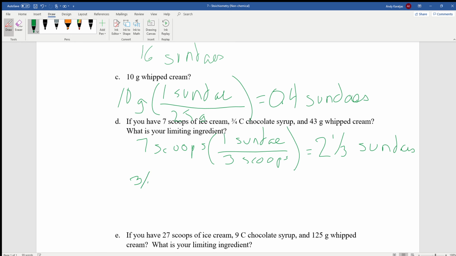With the chocolate syrup, we have 3/4 of a cup. Now here we only need 1/4 of a cup. And so we actually have enough to make 3 sundaes.